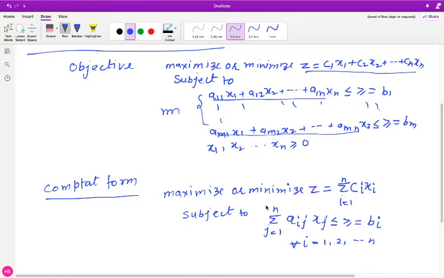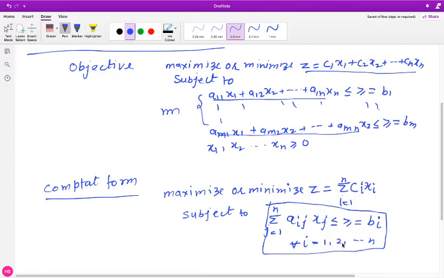So this entire expression represents a total of m constraints. Why m constraints? Because if you pick i equals 1, this is going to be a11 x1 plus a12 x2 plus dot dot a1n xn less than or equal to, or greater than or equal to, or equal to b1.